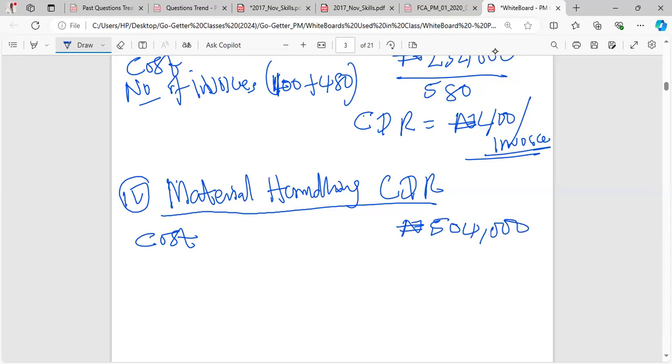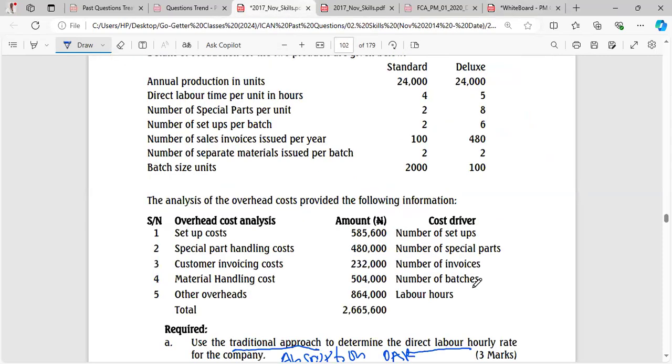Then what is the driving force or the driver? Number of batches. How do we calculate the batches? We've done that before, but now let's do it again.